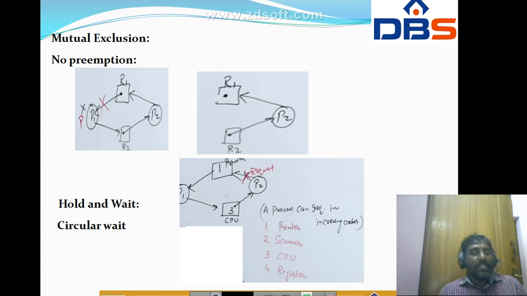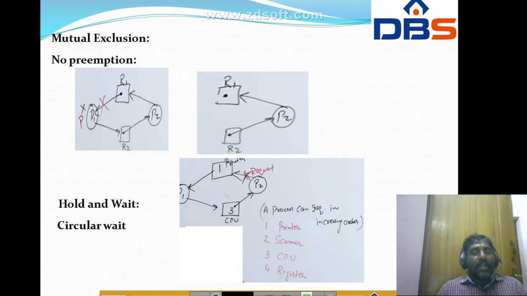So the next one is circular wait. For deadlock there must be circular wait, so to prevent deadlock we are going to remove the condition of circular wait from the system.